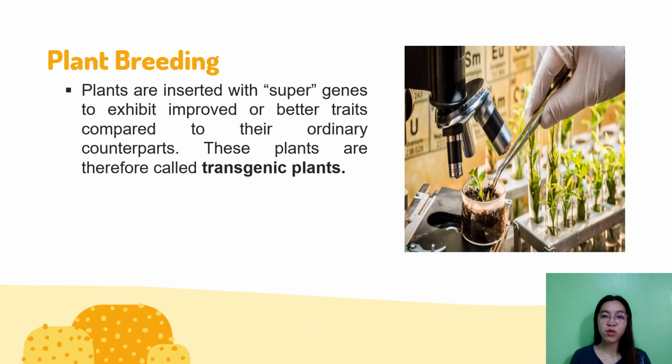Plants are inserted with superior genes to exhibit improved or better traits compared to their ordinary counterparts. These plants are therefore called transgenic plants. Transgenic plants may look like ordinary plants, but because they express DNA derived from other species, they have desirable traits that make them grow faster, last longer, and be more resistant to infection.